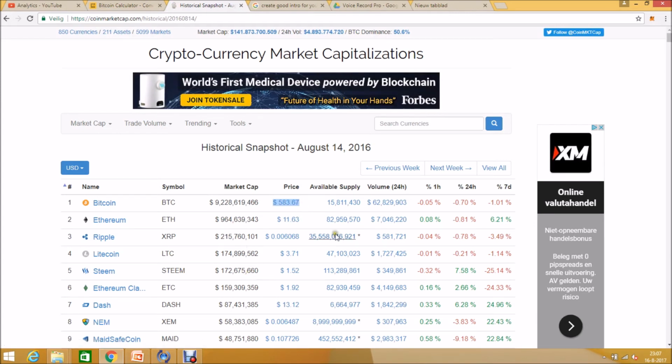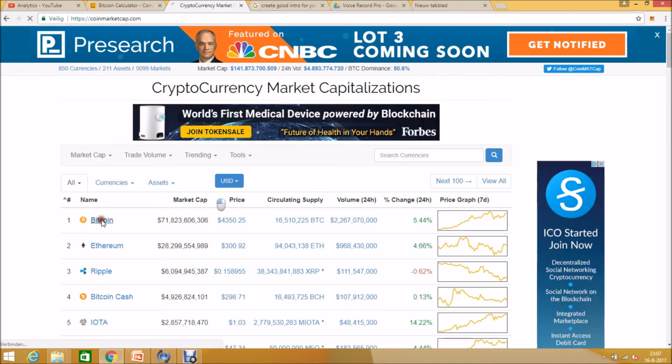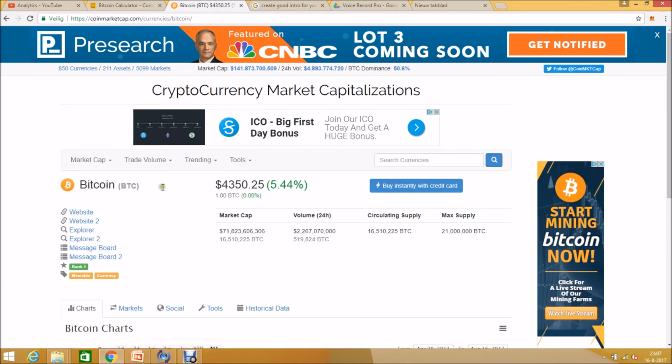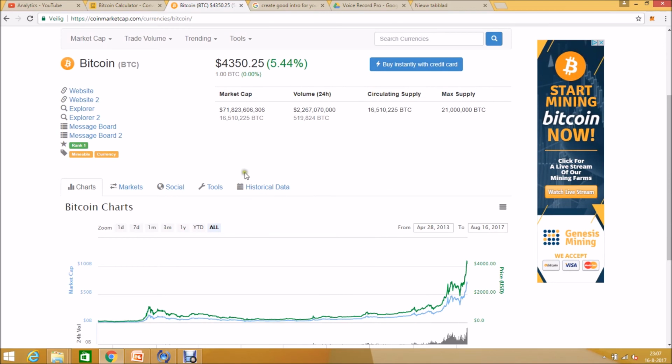Another thing, you can also look at the history, for instance, of Bitcoin. If I want to see the history of this coin specifically, you can go to the coin itself and look at the graph. I can choose historical data.